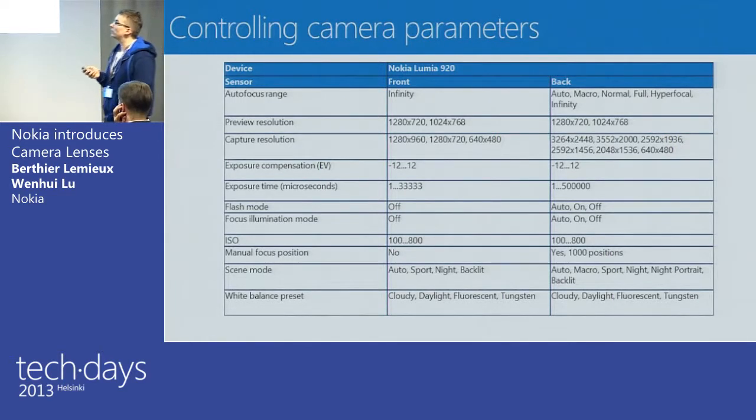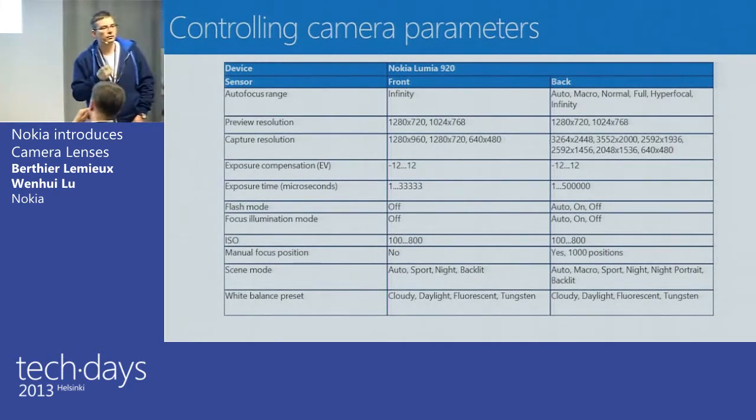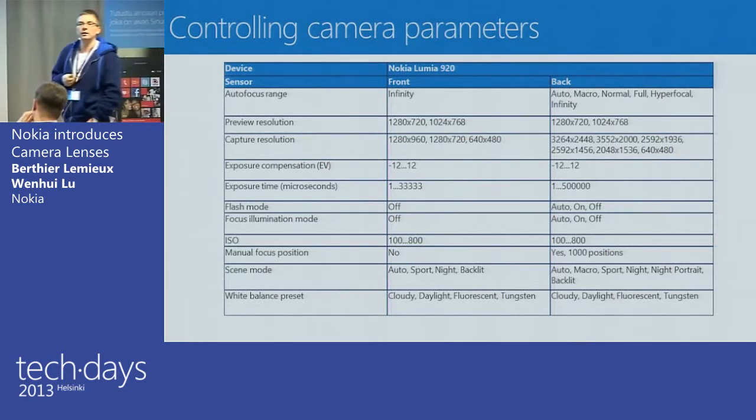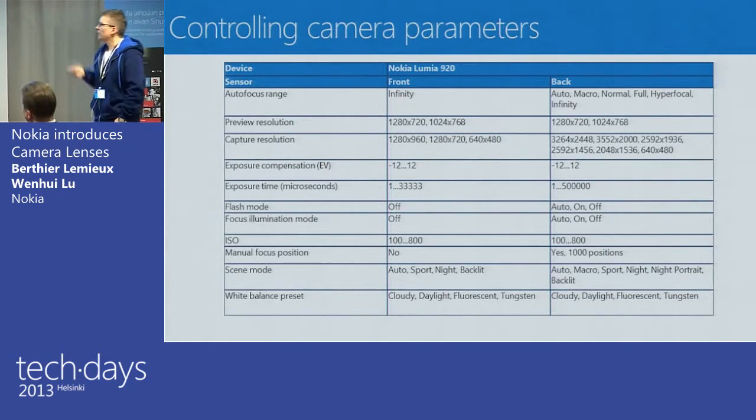You can control the ISO, control the manual focus positions, and there are actually quite many positions where you can set the focus, a bunch of scene modes, and white balance presets. So all of those, the developers have access to if that's something you want in your application.